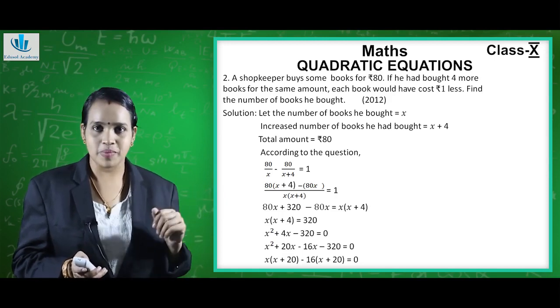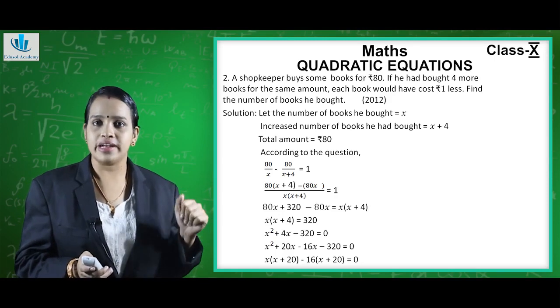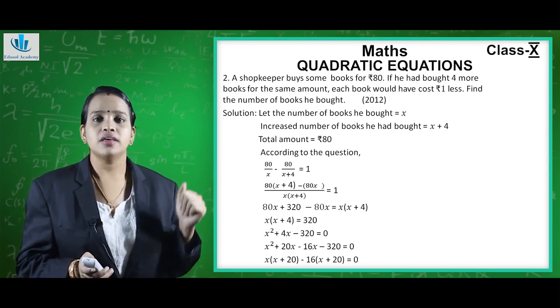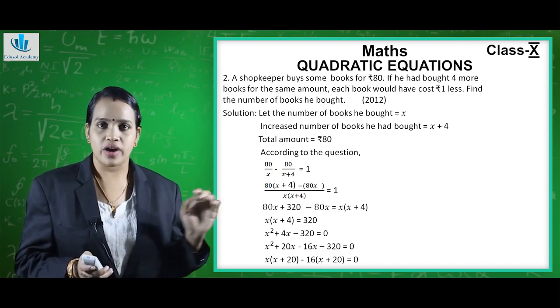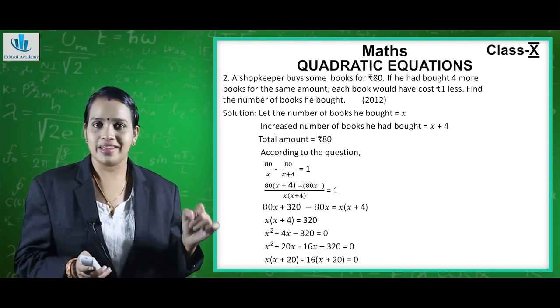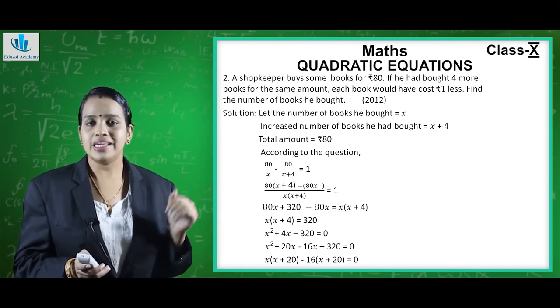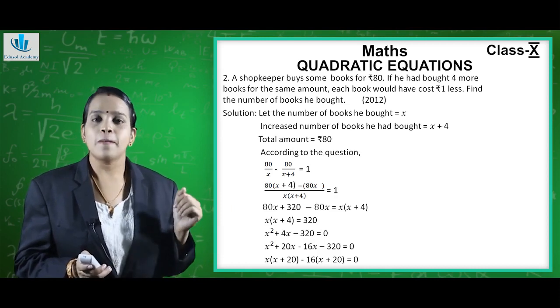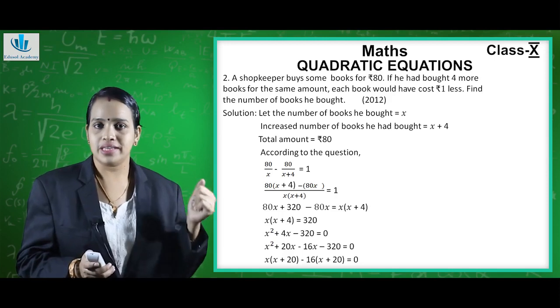First we will cross multiply it. So 80 into x plus 4 minus 80 into x, that is 80x, upon x into x plus 4. It is equal to 1, that is each book cost is less by 1. So we are writing it as equal to 1. Now we will solve the bracket. So 80 into x gives 80x, plus 80 into 4 gives 320, minus 80x.